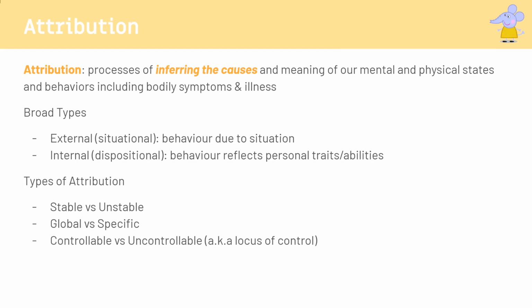There are three different types of attribution. Stable against unstable: stable is, I'll never be able to exercise regularly, whereas unstable is, I haven't been able to exercise lately as it has been too hot. Global is, diabetes affects all aspects of my life, whereas specific is, diabetes prevents me from eating certain foods.